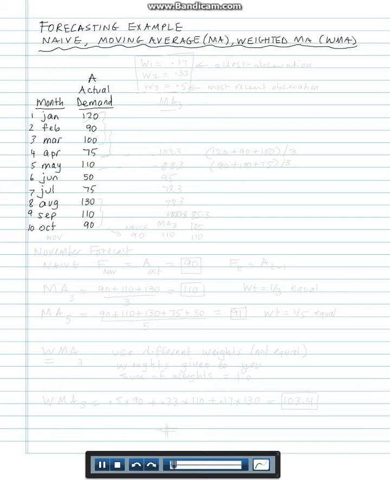This is the forecasting example, and we're going to cover the naive moving average and weighted moving average. Usually we're given a set of data, which is the time period and the actual demand. You cannot do forecasting if you don't have historical data, and that's time series forecasting.